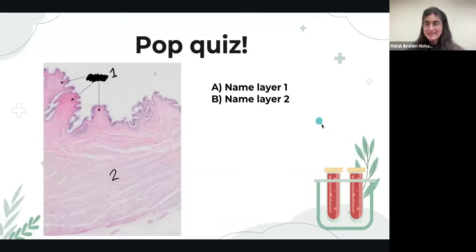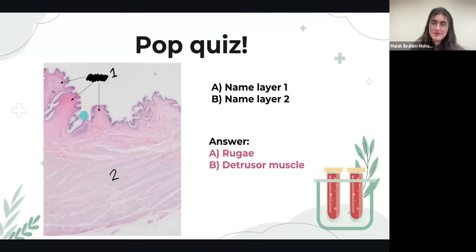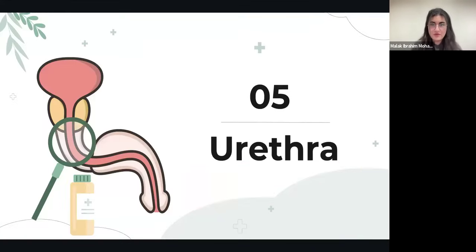I'll give you guys 10 more seconds to answer. Okay. Good job. So this is your rugae or the transitional epithelium, you're right. It's basically the same thing. The mucosa just forms these rugae, but if it's directly asking what this is, just answer rugae. Your answers are correct, but this is more accurate. Now, layer 2 over here is the detrusor muscle or the muscularis layer of the bladder, but more specifically, it's the detrusor muscle.